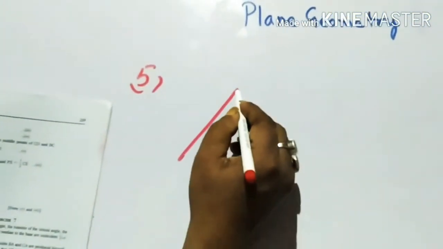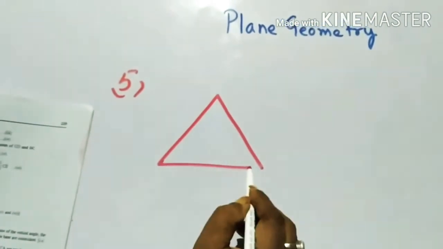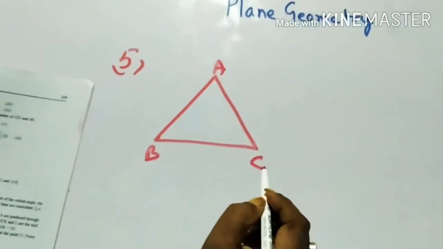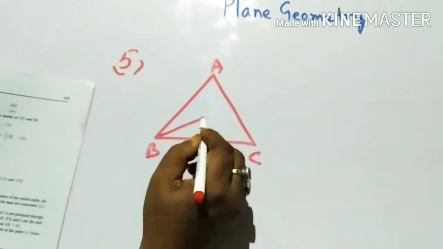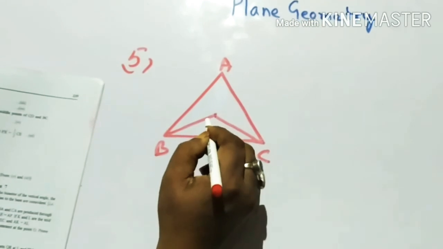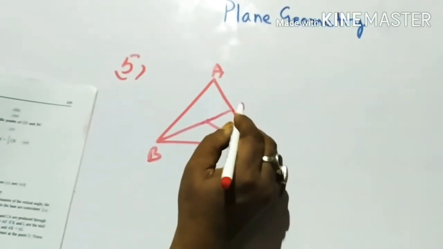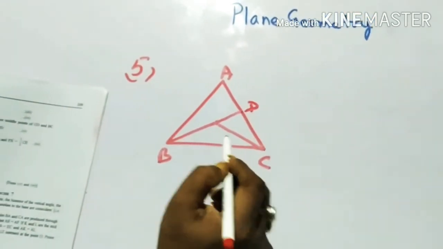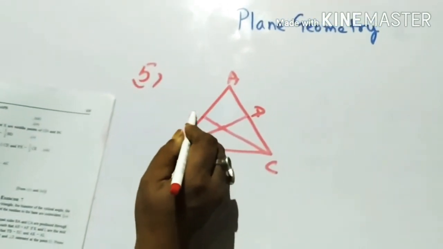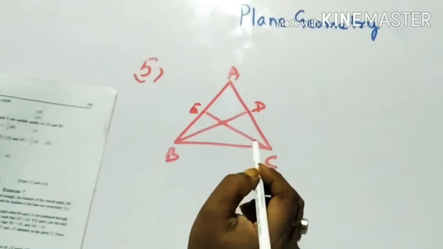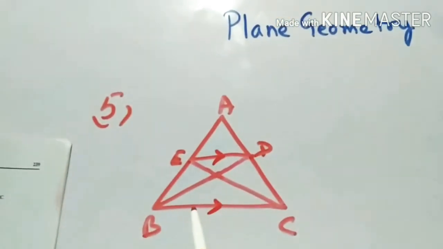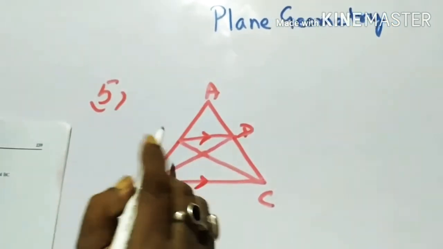This is the triangle ABC, the bisectors of angle B and C meet the opposite sides here at D, and this meets at E. Now we have to prove that DE is parallel to BC.